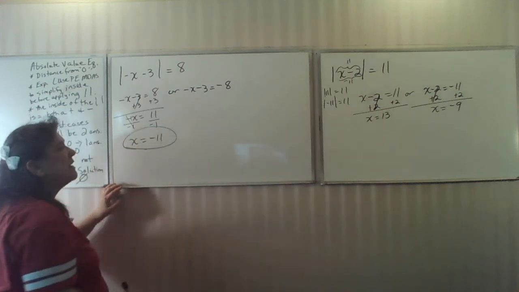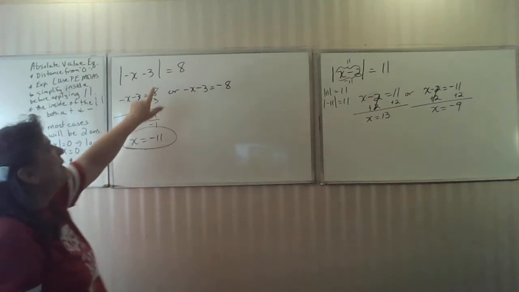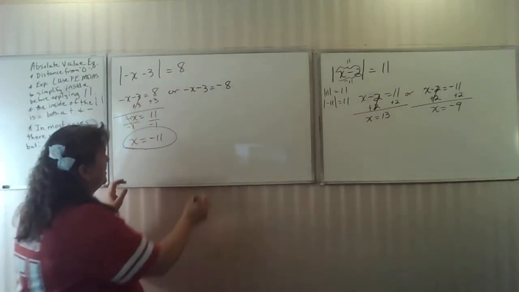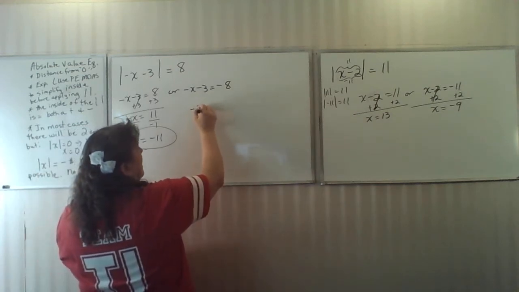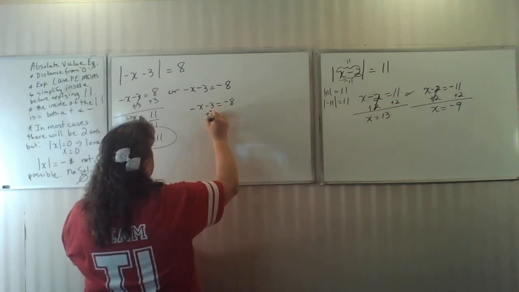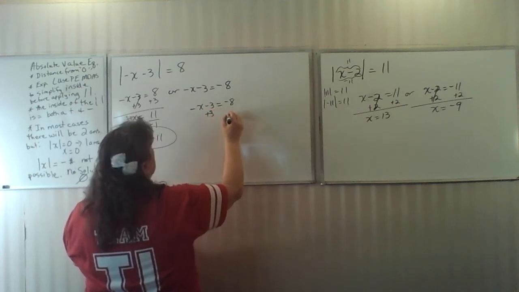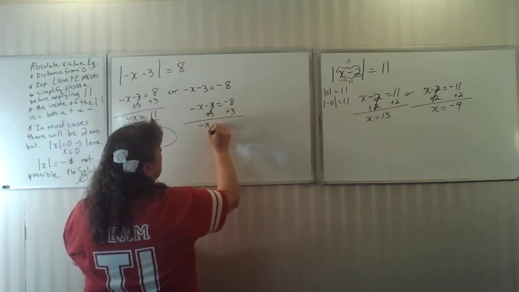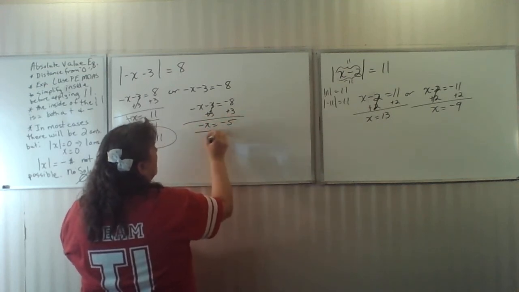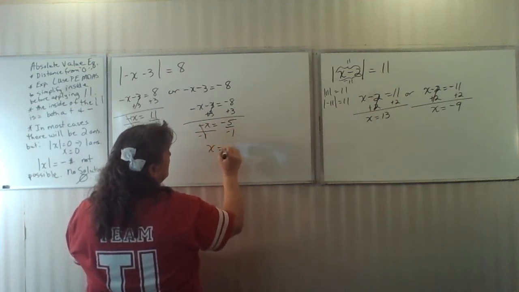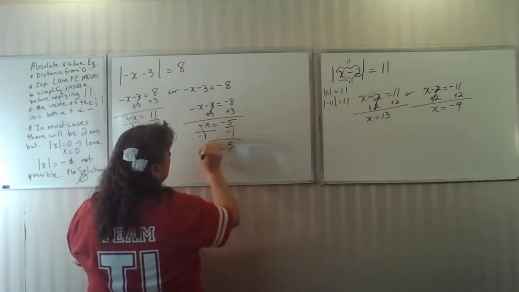Notice you can have negative answers, but we can't have a negative up here, so we have to keep that distinction, that difference going on. Negative x minus 3 equals negative 8. Add my 3. And I end up with negative x is equal to a negative 5, divide by the negative 1, and I end up with x is equal to a positive 5.